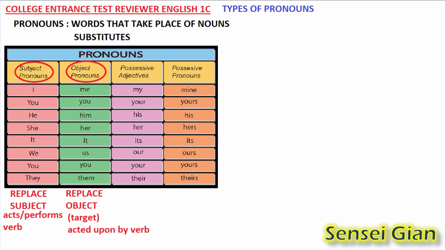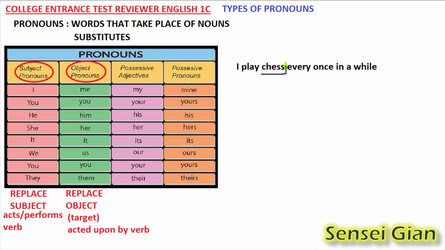So let's try this example. I play chess every once in a while. Normally, you would consider I as the subject, and you're correct. It's the one who acts the verb, and play here is the verb. What do you play? What is being acted upon by the verb?